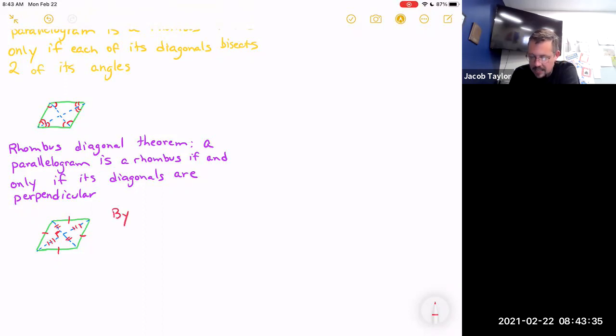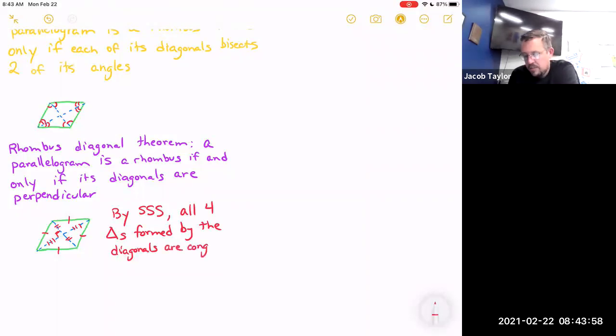That means by the SSS postulate, all four triangles formed by the diagonals are congruent. And that is cool. Just in case you thought triangle congruency was going anywhere, surprise, it's back.